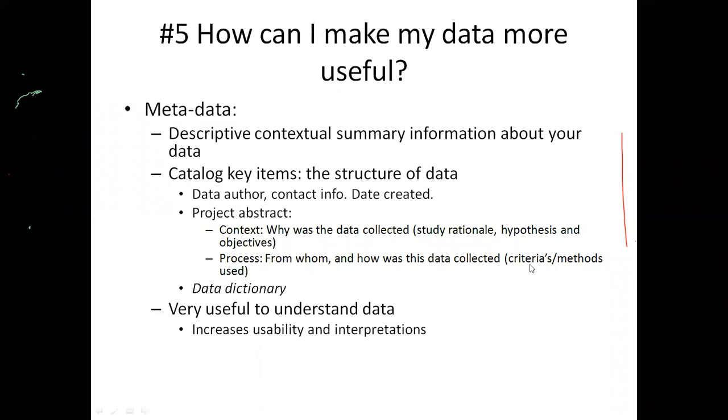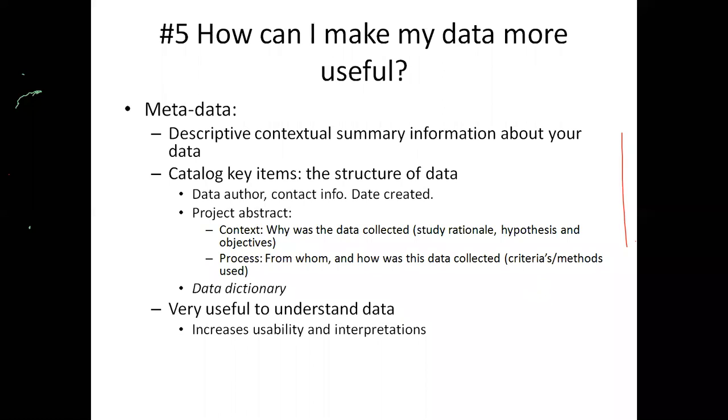Are there any specific criteria that were used in selection of samples? Most of these you would see in the protocol that you use for your study, but in the metadata, they're all very brief, summarized information, extremely simple and to the point.